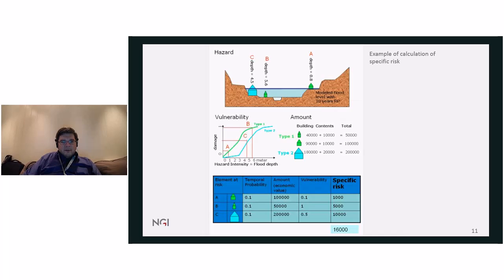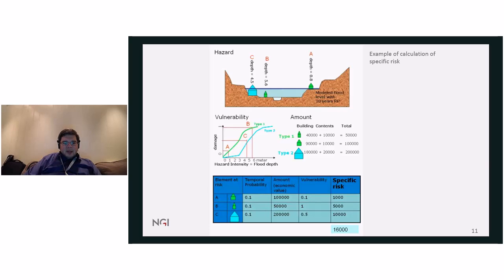So when the flooding occurs, due to the differences in the terrain, in the cross section, different buildings will be affected by different flood depths. This building will be affected by a flood depth of 4.5 meters, this one 5.6, and this one 0.8 meters. Then in this column we see the temporal probability of the hazard for each building, which is just one divided by the return period, so that will be 0.1.